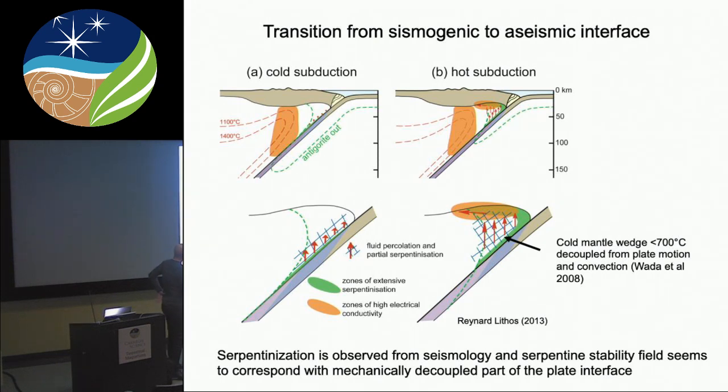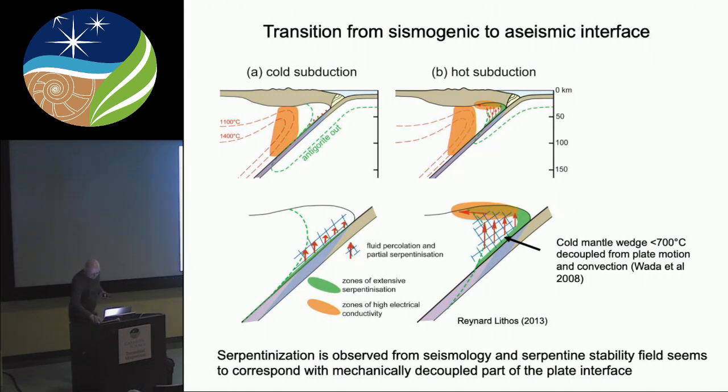And now we can try and think, can we relate this with the fact that we have a cold mantle wedge that is inferred from decoupling from plate motion, which means that we have specific mechanical properties in the stability field of the serpentine, which is shown here by these dashed green lines.